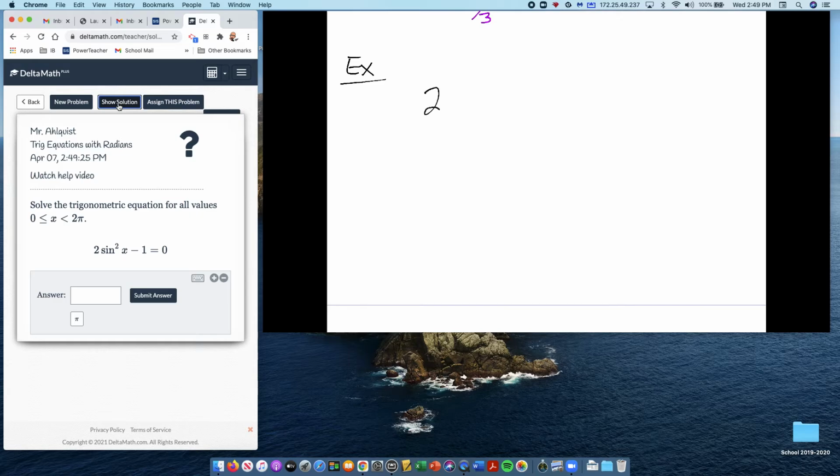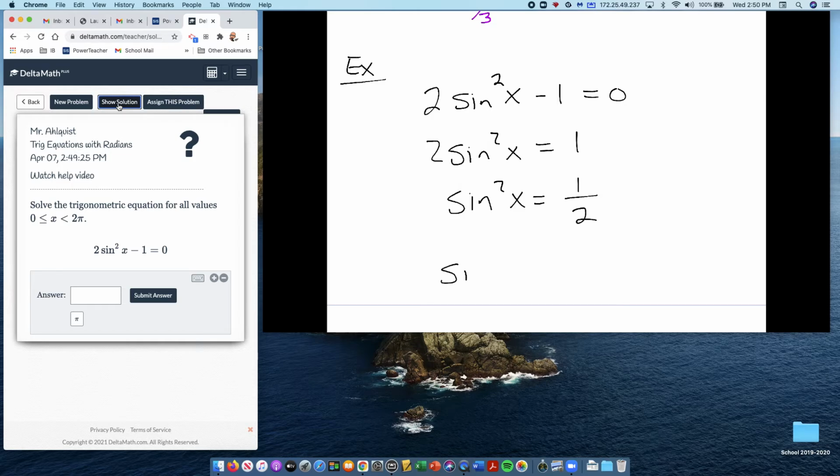So we got 2 sine squared of x minus 1 equals 0. So that's when 2 times the sine squared of x is equal to 1. So that's when the sine squared of x is equal to 1 over 2. So that's when the sine of x is equal to plus or minus the square root of 1 over 2.